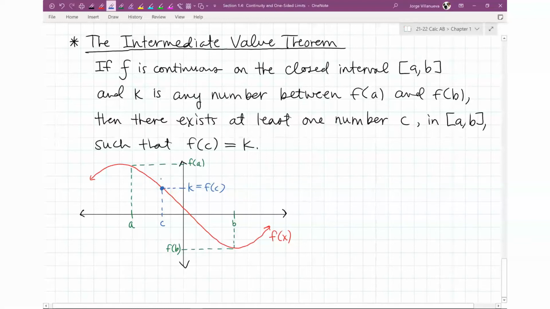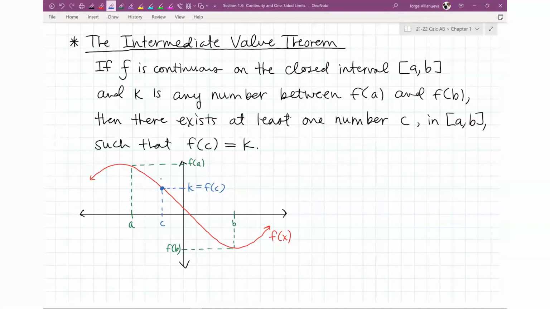And there you go. There's a picture of this theorem. They're saying you can find an x value that can give you any y value between f of a and f of b. Okay, I'm sure you're like, well, that's great. I drew a picture. I still don't understand what the heck you're doing, right?